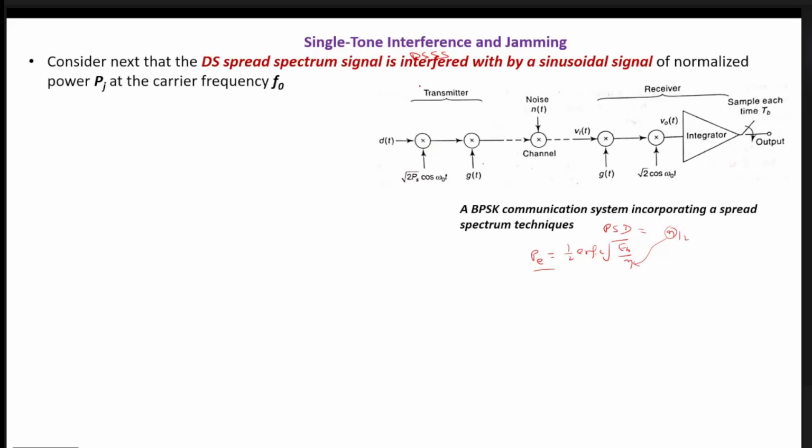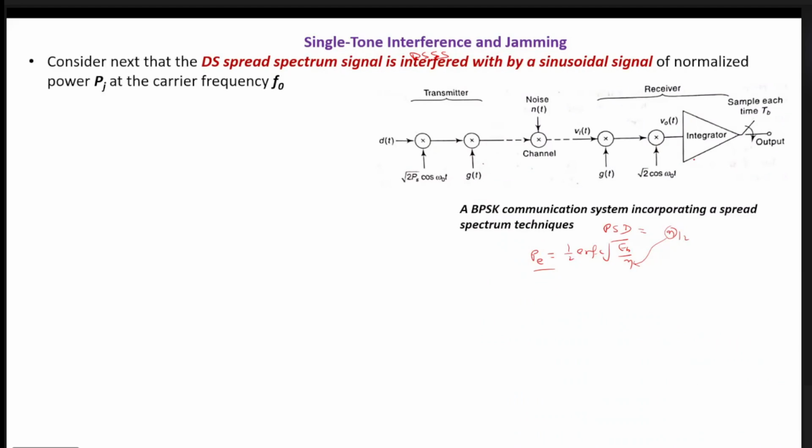Again, I'm repeating what methodology we'll be using to calculate the probability of error. Here we will be adding a single tone interfering noise signal, and that will be multiplied by g(t), and then again multiplied by root 2 cos omega naught t.